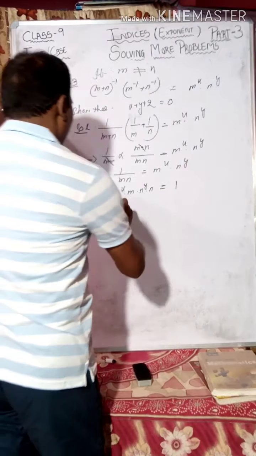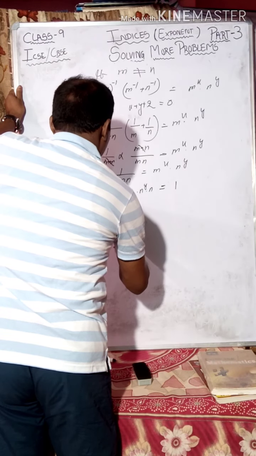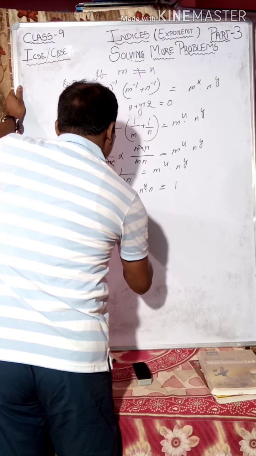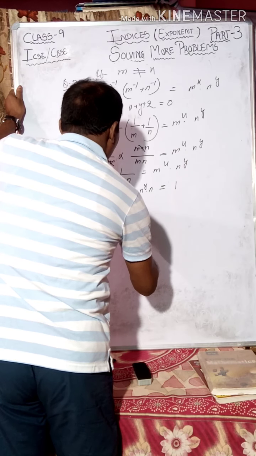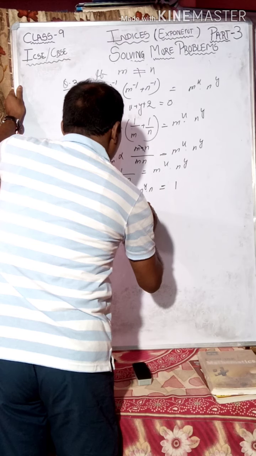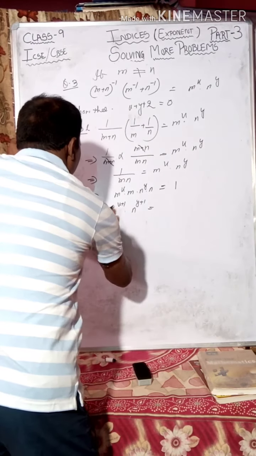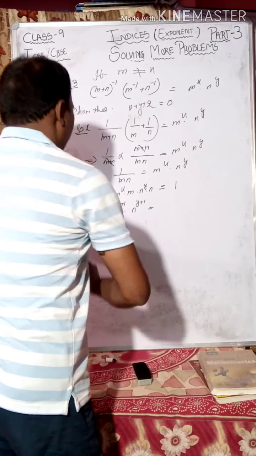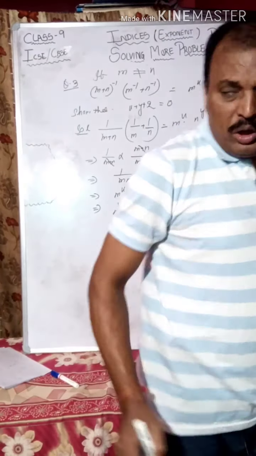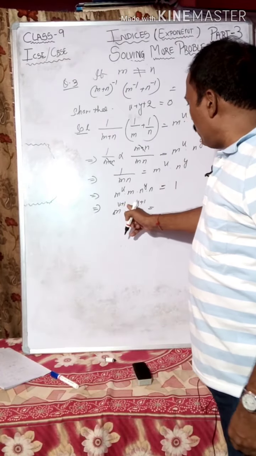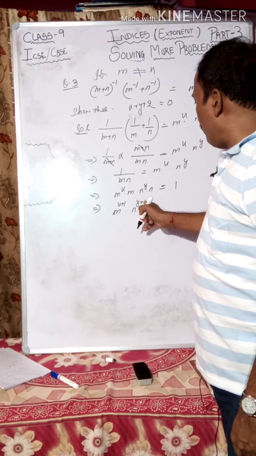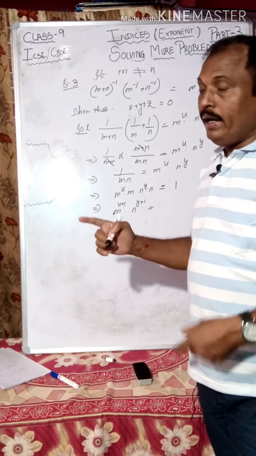Now m to the power x plus 1 into n to the power y plus 1 is equal to 1.